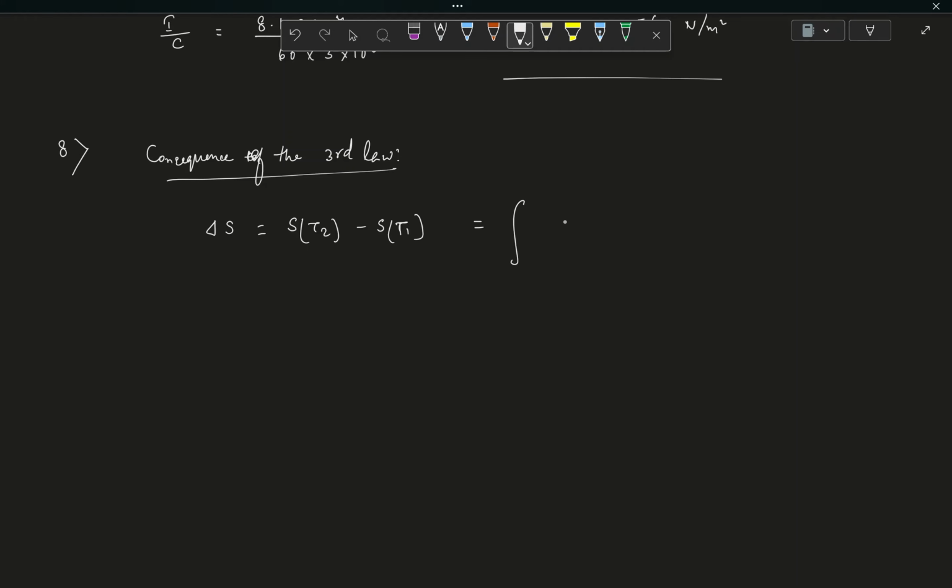And this is simply because specific heat is simply T dS by dT, right? So from there delta S will be like 1 by T Cx dT, right? So from there you get that this is your Cx dT by T from a temperature of T1 to a temperature of T2. So here X can be either volume or pressure.